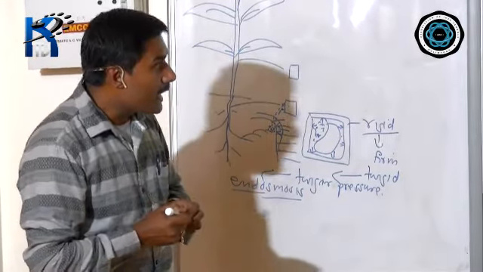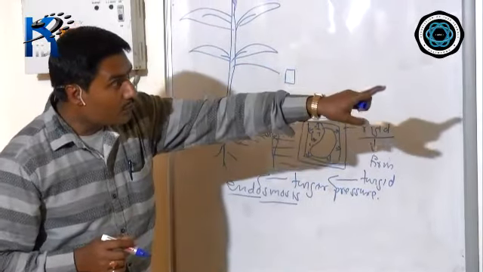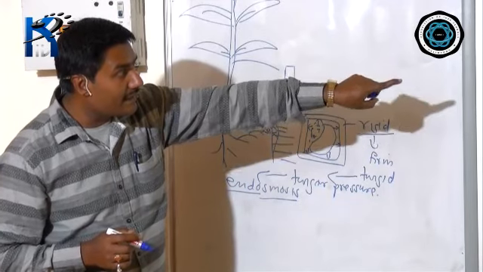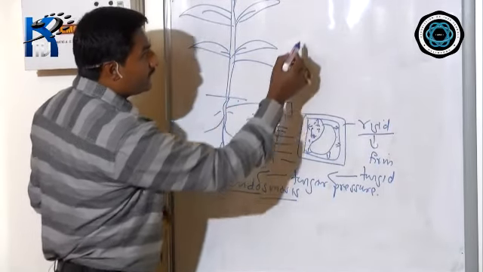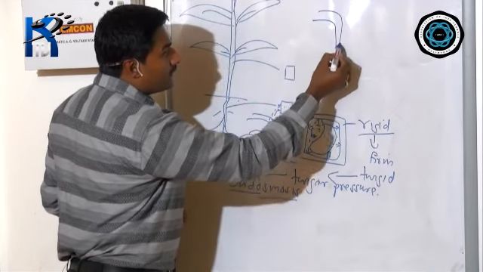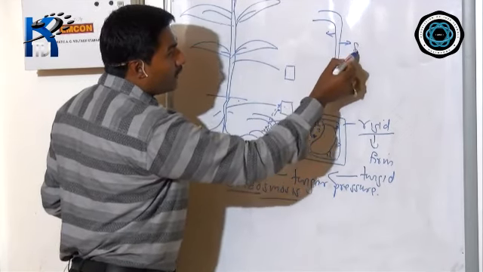So here you see, the cell wall contains cell sap in a fully distended cell. When I say distended cell, just imagine that when the water got infiltrated inside, the root hair becomes firm in nature.